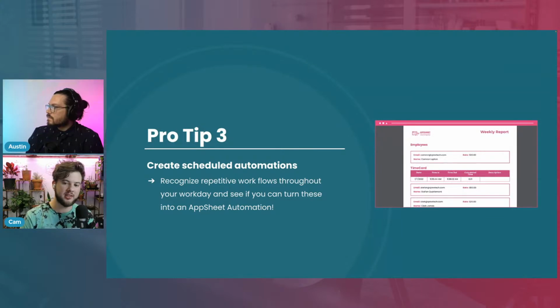And so what this does is it allows you to run payroll a lot easier because you don't have to do all the math and go to each employee, see how much they worked each month, and then enter that in.